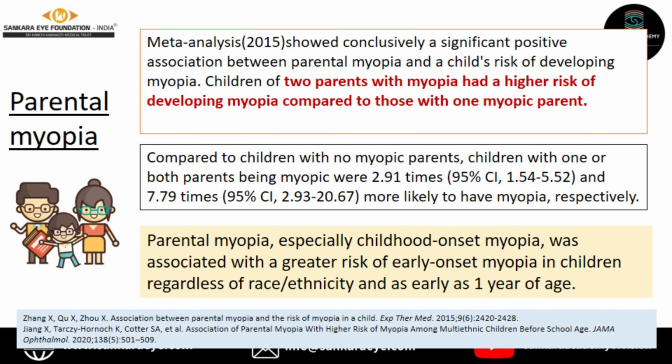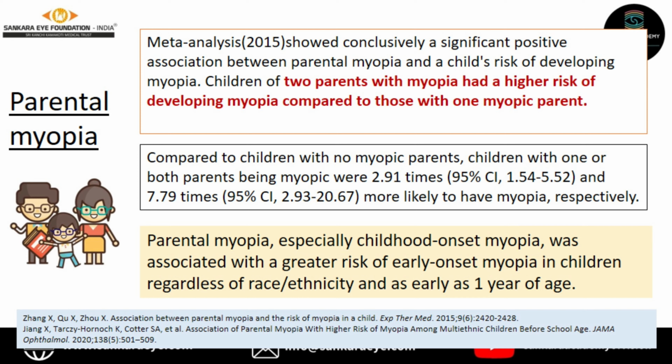What happens in parental myopia? If the child is born to parents who have a minus power, the risk of developing myopia in a child where only one parent is myopic is close to 2 to 3 times higher compared to a child who does not have myopic parents.